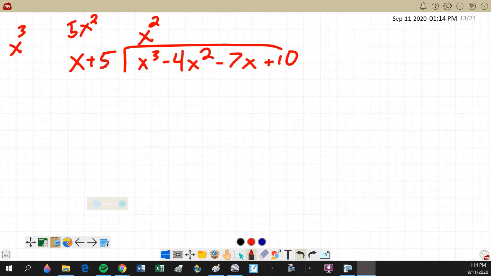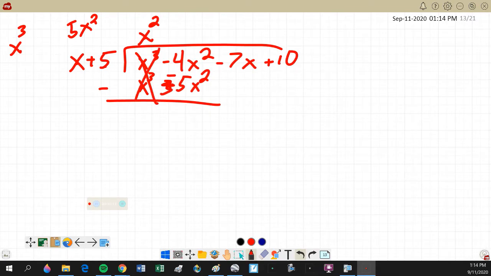And sometimes they're next to each other, and sometimes they're not. So you put them in the correct column, and then you have to subtract, so you change the signs, and that goes away, and now I get negative 9x squared minus 7x plus 10, and then you do it again.